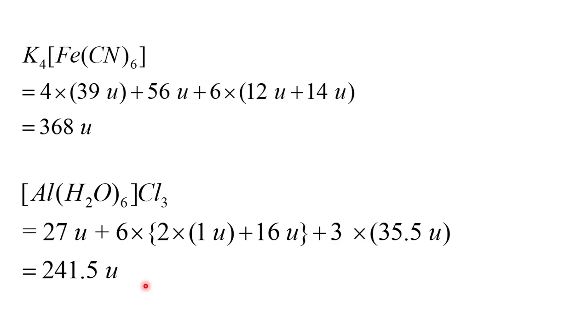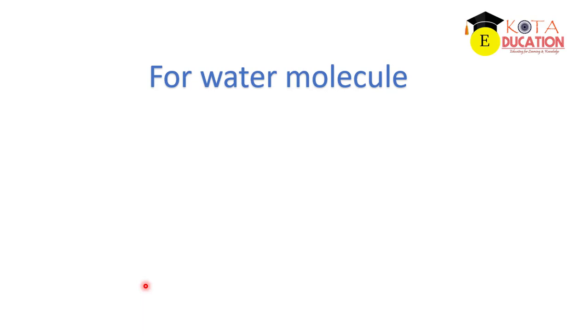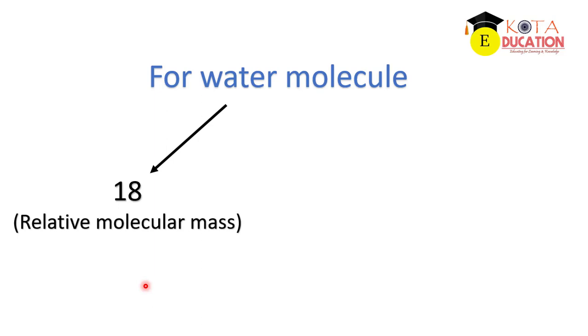So this is about the molecular mass. How to calculate the molecular mass is mentioned here. For the water molecule the formula is H2O. There are 2 hydrogen and 1 oxygen. If we talk about the relative molecular mass, like the relative atomic mass, this is also a unitless quantity. So the relative molecular mass of water is 18.